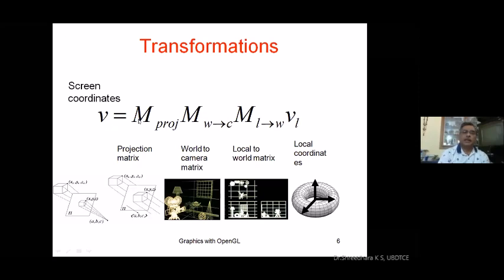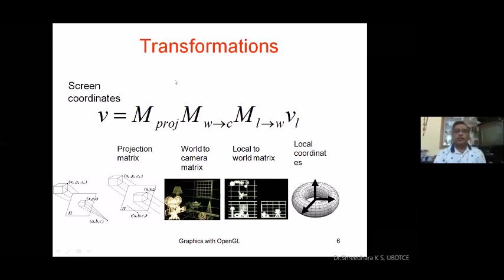Whether it is parallel or perspective projection, we have to derive the projection matrix just like scaling, rotation, and translation. The next slides will show how to create this projection matrix, applied after the world-to-camera matrix and local-to-world matrix. Finally, it is turned into the representation of data on our screen.